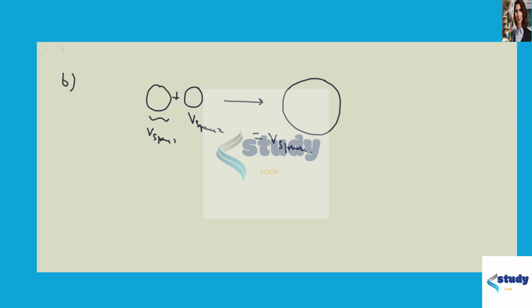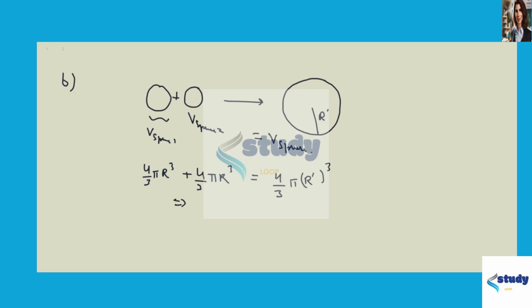So we have 4 by 3 pi r cube plus 4 by 3 pi r cube, because both have r radius. Now let's say we have r prime. So this is our new radius r prime. So this has volume equal to 4 by 3 pi r prime cube.